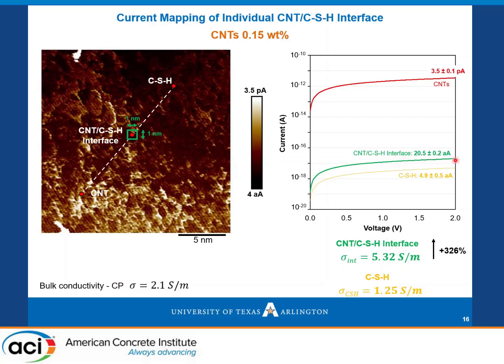And you see here that the current of the interface is almost 4 times higher than the current of CSH. And we calculated the electrical conductivity of the interface, and it was found 5.32 Siemens per meter, more than 300 times higher than the conductivity of CSH.